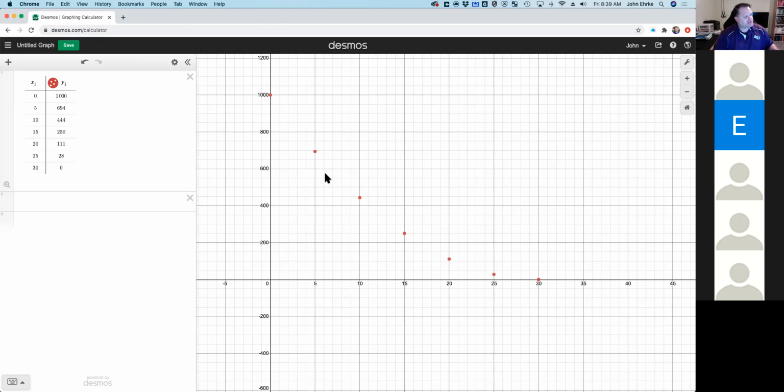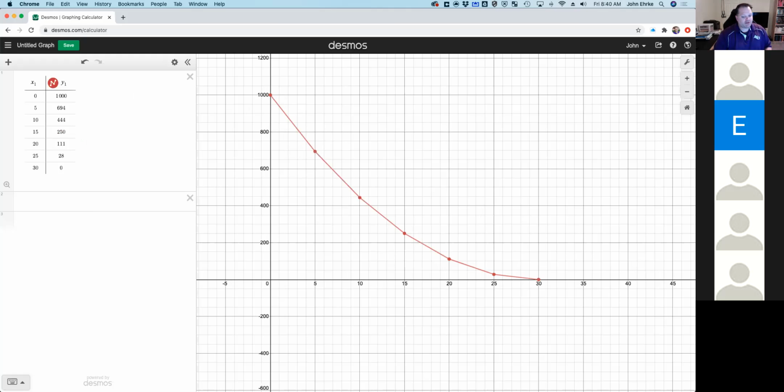So if I just connect the dots, which I can do by selecting lines, here's what I would think my graph of V of t would look like. If I think about the slopes between each of these points, which one is the most negative? Well, it's the one from 0 to 5.